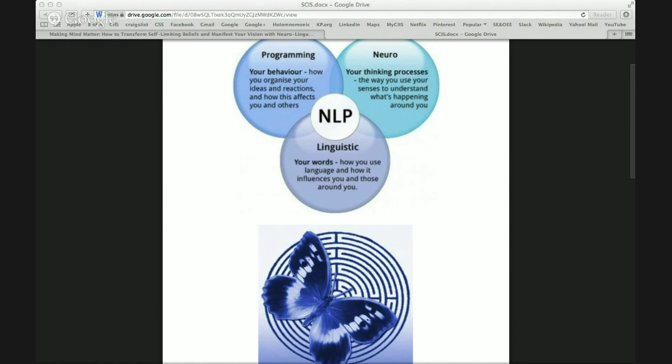It's not a maze because it's a meditation. It's not which way am I going, what's happening, oh my gosh, I know I'm on a path and I know I'm going to get to the center. And when I get to the center, I know that when I turn and I go the other direction, I'm going to find my way back out. So it's trusting the process of transformation. And that's what this image says to me. And I just thought it was beautiful and I wanted to share that with you.